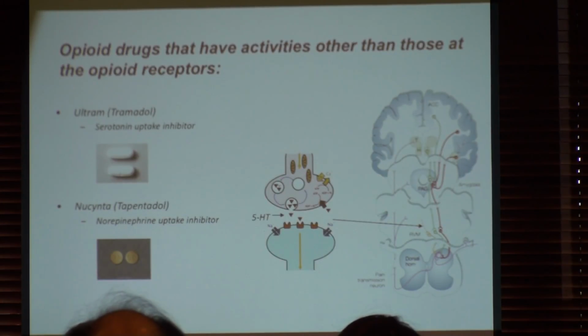And there are also other drugs that take advantage of how the pain transmission is carried and relayed to the brain. And there are other neurotransmitter releases, like, for example, a neurotransmitter called serotonin. Okay, serotonin is a neurotransmitter that can actually put you to sleep.